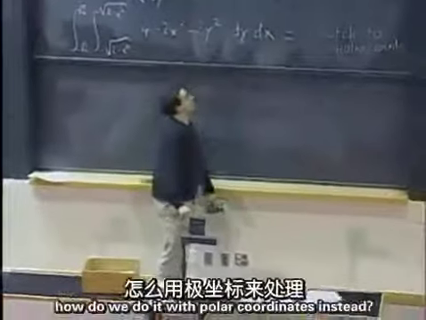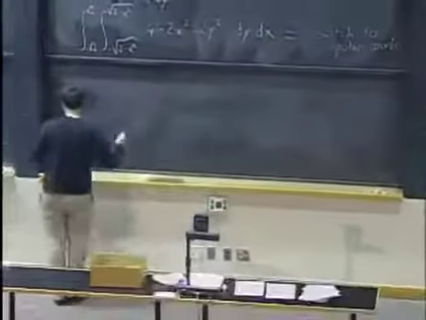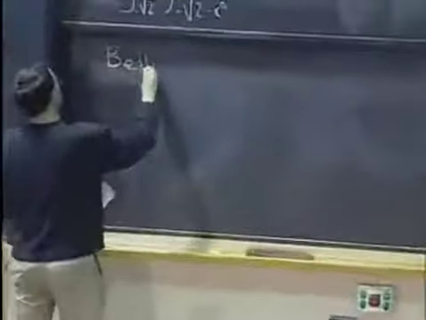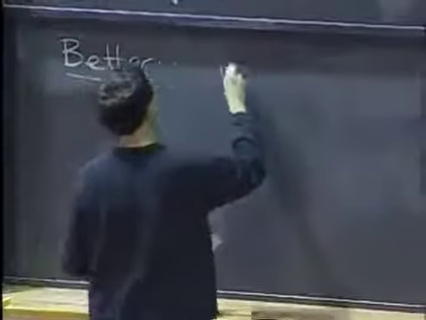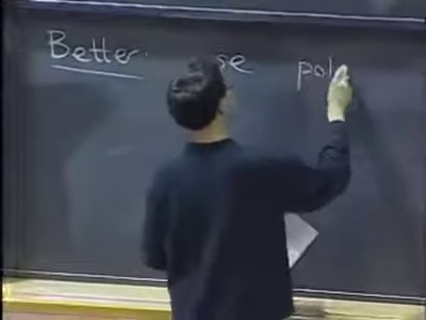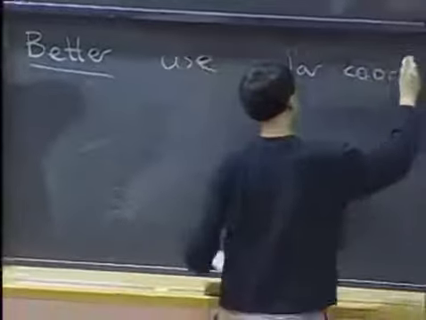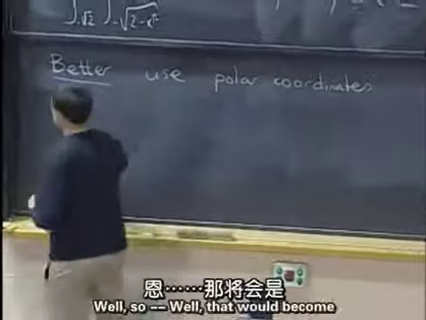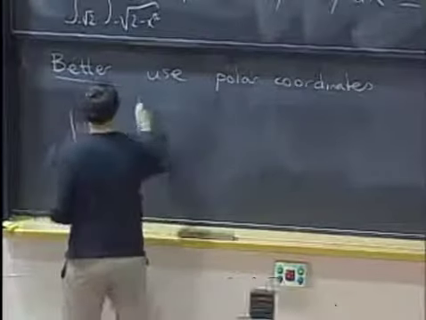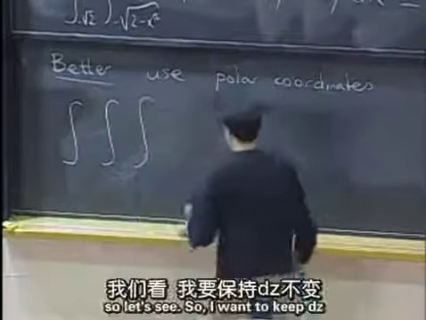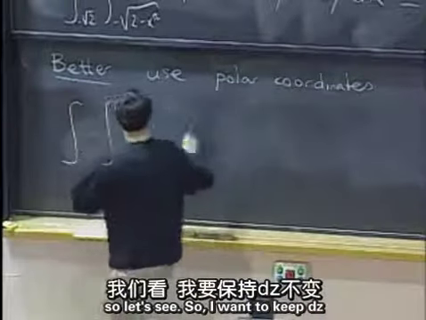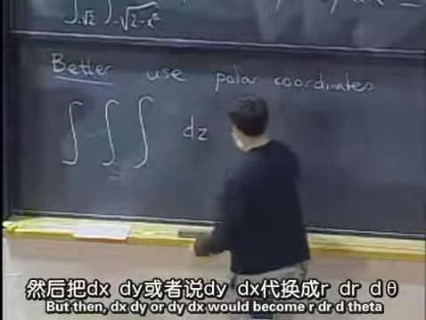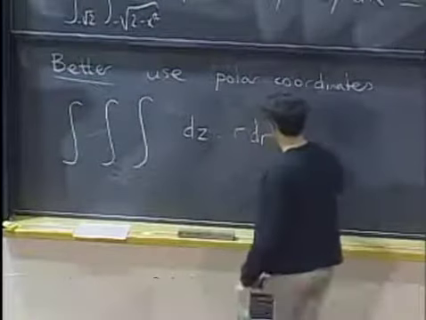Okay, so let's see. How do we do it with polar coordinates instead? So I want to keep dz, but then dx dy or dy dx would become r dr d theta.